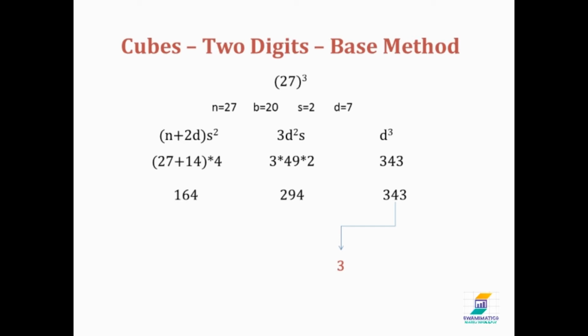Since the base is 20 and with 1 zero, we will consider 1 digit at a time. So from 343, we take 3, add 34 to the next term, which becomes 328. From this 328, we take 8. Now, this 32 is carried forward to the next number 164. When you add these two, it becomes 196.